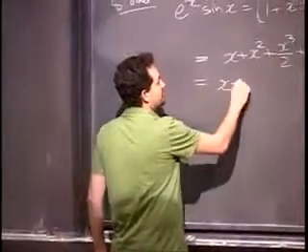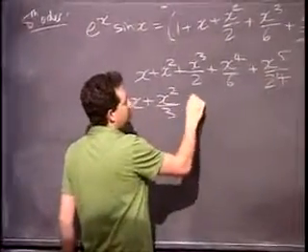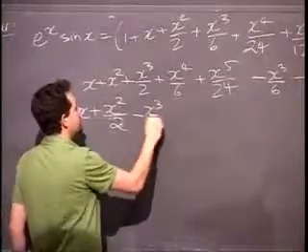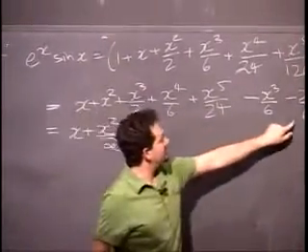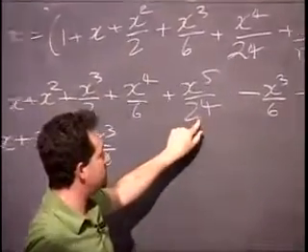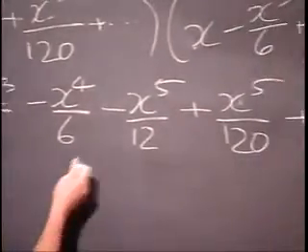Well, we still have x squared over 3, x squared over 2, x cubed over 3. The x to the 4th terms cancel out, but now the x to the 5 terms do not cancel out. We have 1/24 plus 1 over 120 minus 1/12 x to the 5.